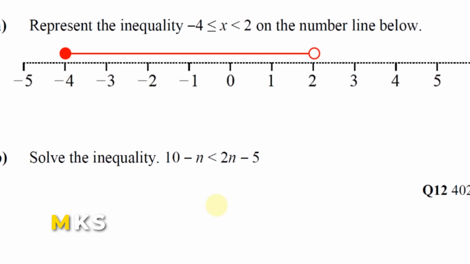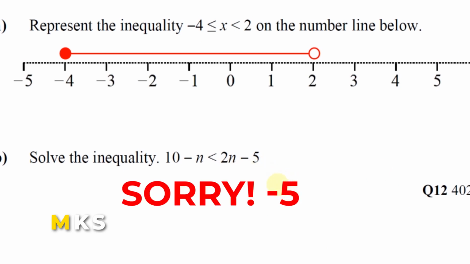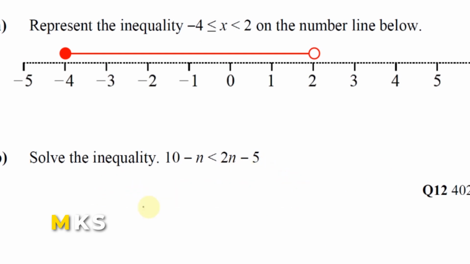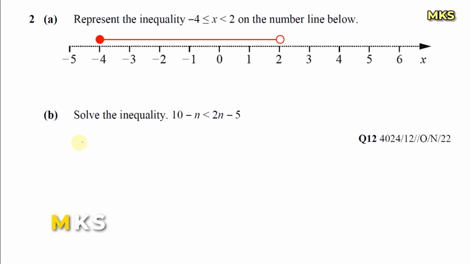Second part, a simple question. We have to solve the inequality 10 minus n less than 2n minus 3. There could be two approaches. One is we keep negative n on the left side and shift 2n from right to left. That will become minus 2n.